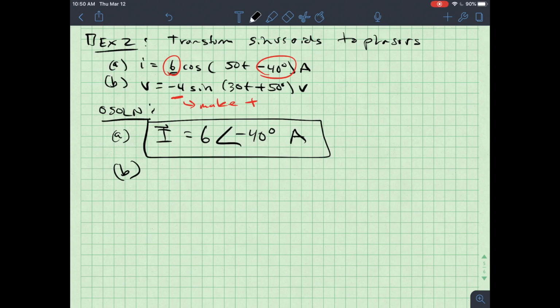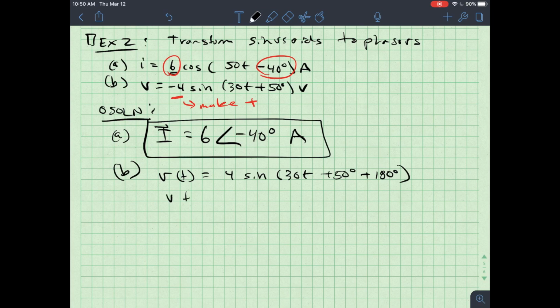So first thing we'll do is get rid of that minus sign. So V of t is equal to 4 sine of 30t plus 50 degrees. And if I want to get rid of a minus sign, I just need to change the phase by 180 degrees, either by adding or subtracting. I'm going to add 180 degrees for now, and we'll see where we land on that.